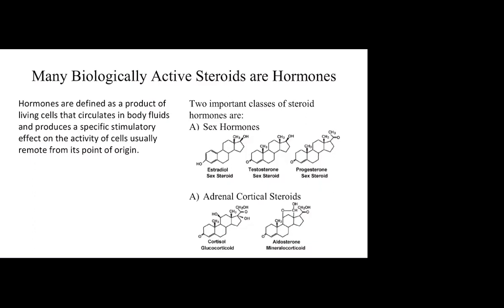Adrenal cortical steroids, as you can see here, are aldosterone and cortisol. These are other signaling molecules, and they are released by the adrenal gland, which is the tissue on top of the kidney. And they're again utilized as signaling molecules in the body.